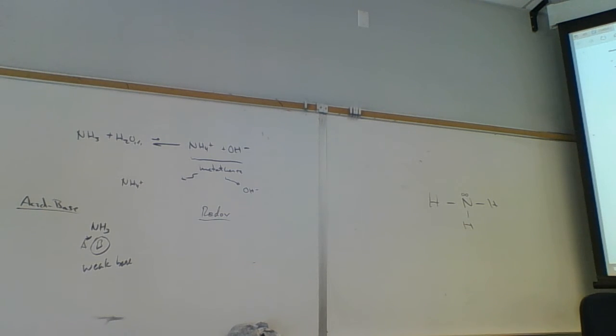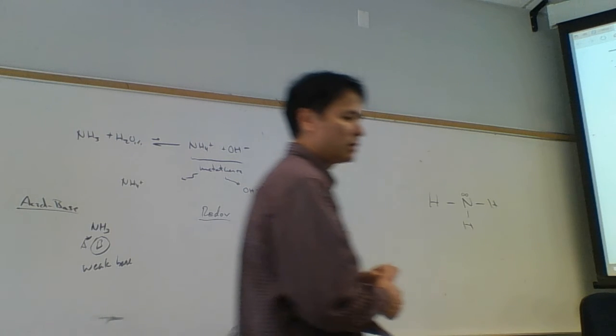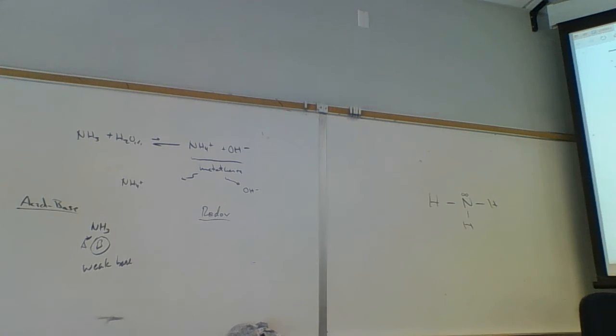Rich. Electron rich has got a negative charge, so it's electron rich, right? No, actually, it's not the case, because when we're looking at electron rich and electron poor, we don't look at the net charge. We look at the individual charges of the individual atoms.